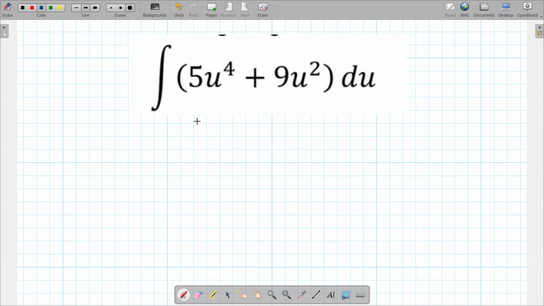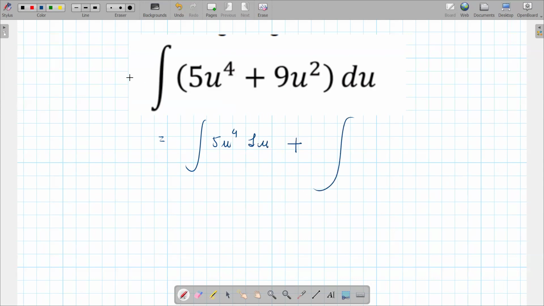What you can do with integrals is that a lot of the mathematical operations that we use for things like a bracket also applies to integrals. So what you can do is you can separate them. Integral of 5u^4 du, like this, plus another integral.